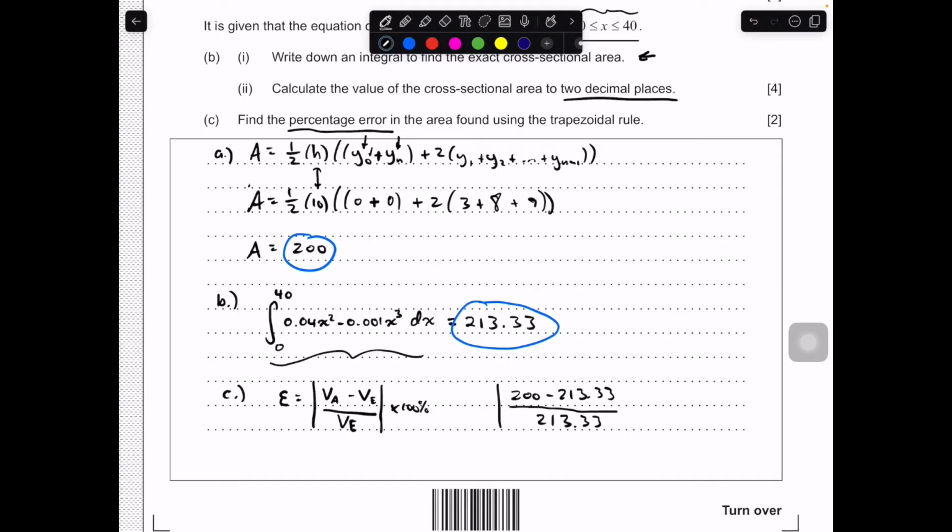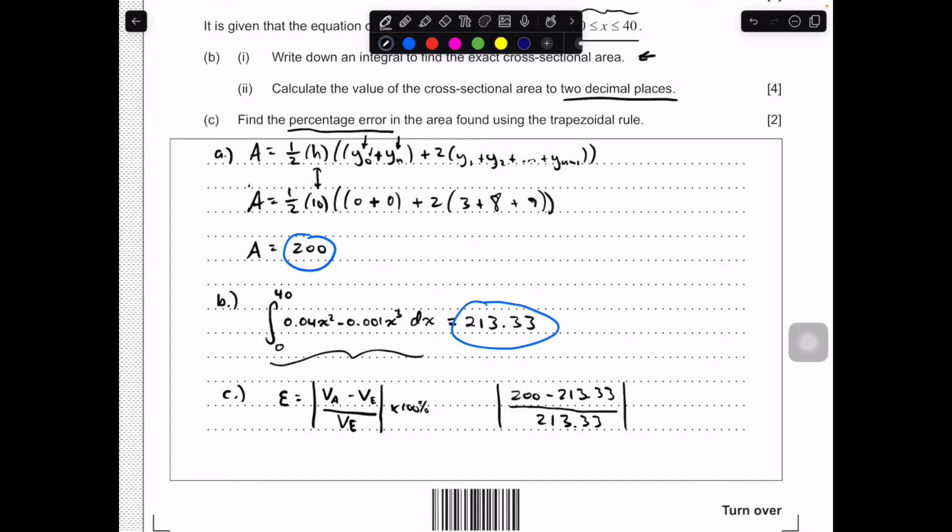And these things are called absolute value signs, I guess. What they do is they don't allow any kind of negatives. So if you get a negative value, it's a positive. We just want to know the percentage difference, not as a negative. We just want to know the absolute value. We want to know the size of the percentage difference, not if it's negative or positive.